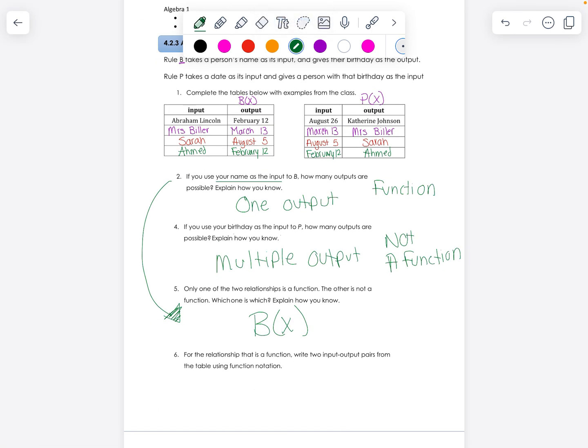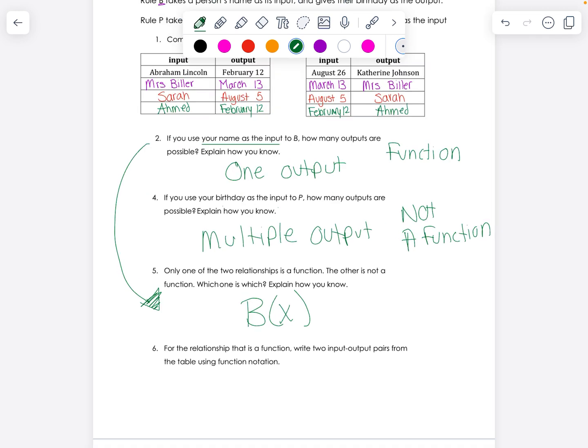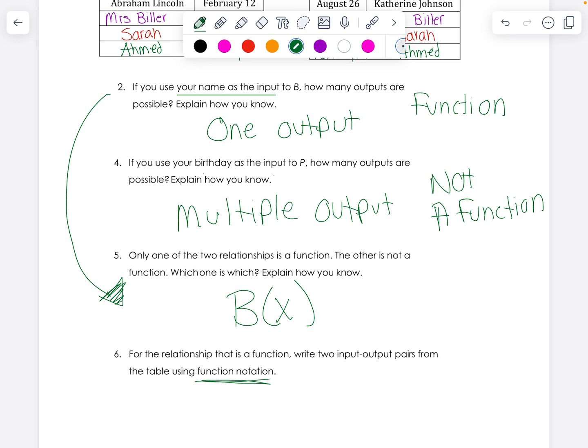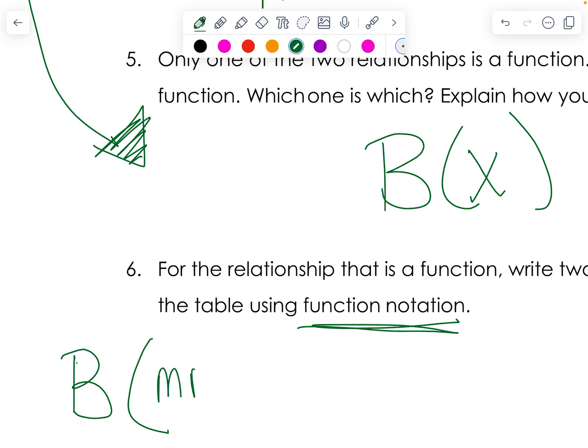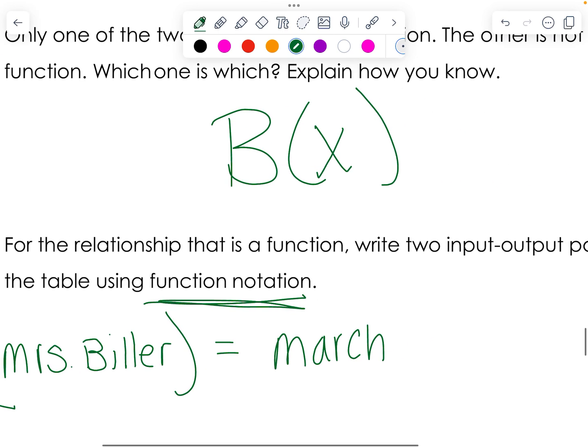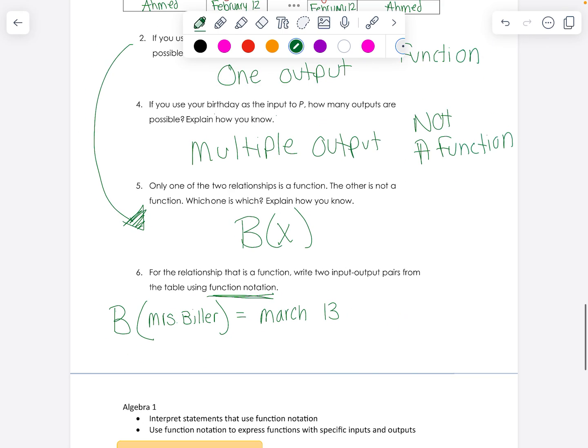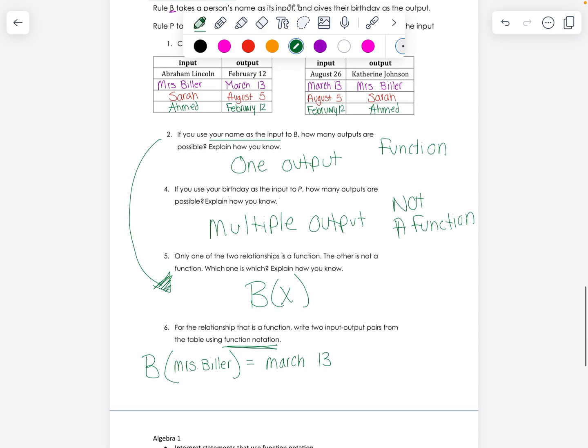For the relationship that is a function, write two input-output pairs from the table using function notation. Okay, so using our first table, we have function B of, and then let's use my name, Mrs. Biller. And my output or my birthday is March 13th. And we could use the other one.